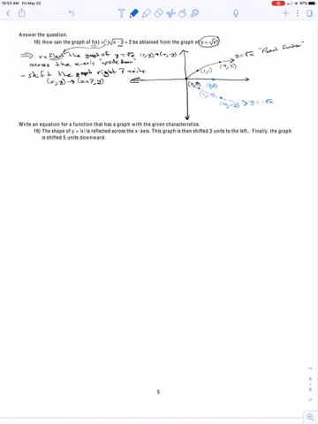Now we know that (1, negative 1), if we go right 3 units, so if we add 3 to that x-coordinate, that'd put us over here at what? That'd put us at (4, negative 1). So I'll go ahead and plot (4, negative 1) as we go right 3 units.